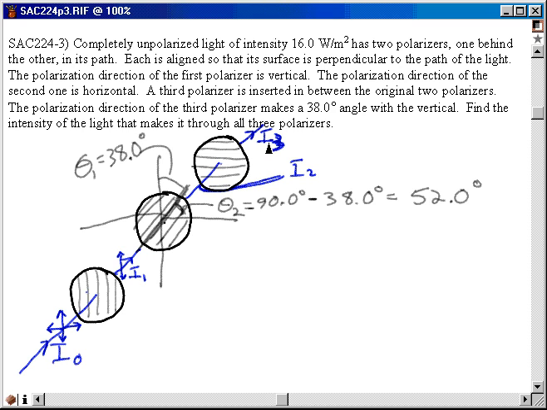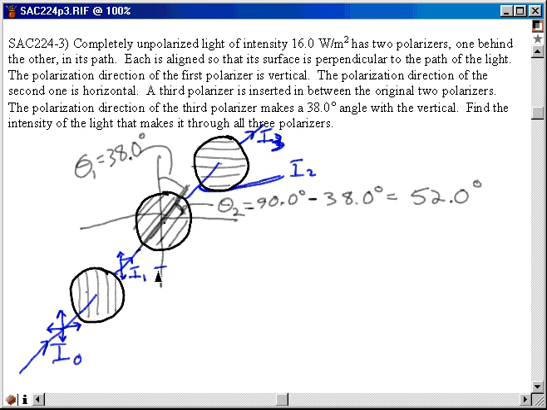This intensity goes from 0 to some non-zero value, because you can break up this vertically polarized light into a component in that direction plus one perpendicular to it, so you get some light through that's polarized in this direction, and then when it hits this final polarizer, it's got a component in the horizontal direction, and so some of it gets through. We're supposed to calculate just what gets through.